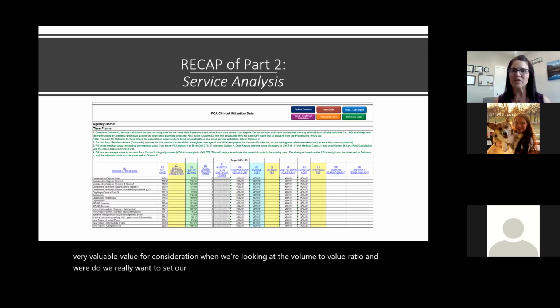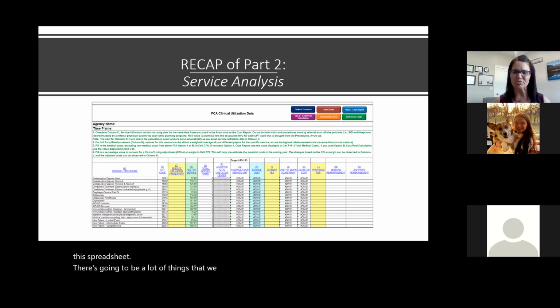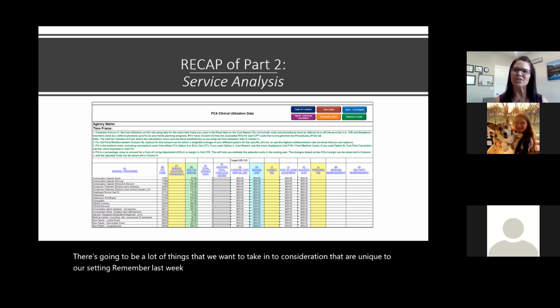Now, again, as we get all these details lined out on this spreadsheet, there's going to be a lot of things that we want to take into consideration that are unique to our setting. Remember last week we talked about what is your patient population, what does their payer mix look like? Do you have 70 to 80%, a very high percentage of Medicaid patients, and then the rest are on a sliding fee scale?